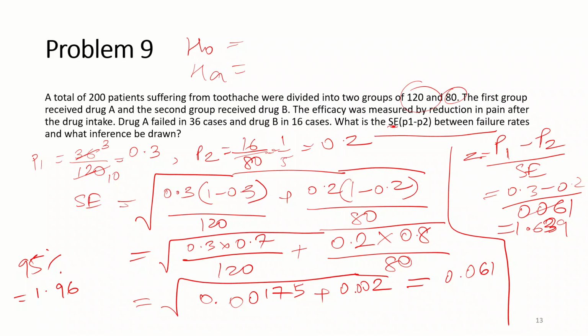No, the null hypothesis should be accepted in this case, because if the calculated value is greater than Z, then the null hypothesis is rejected. But in this case, the null hypothesis is accepted. That is, there is no difference between P1 and P2.